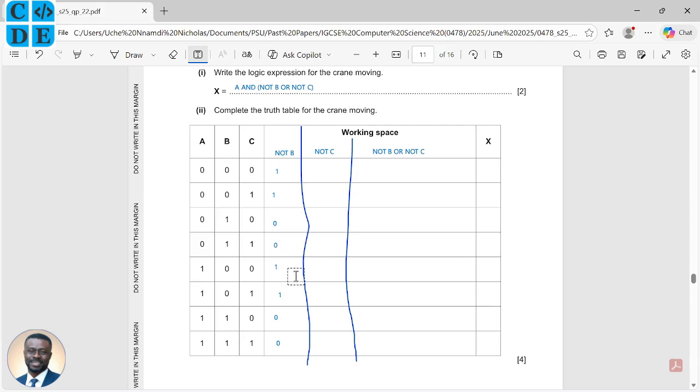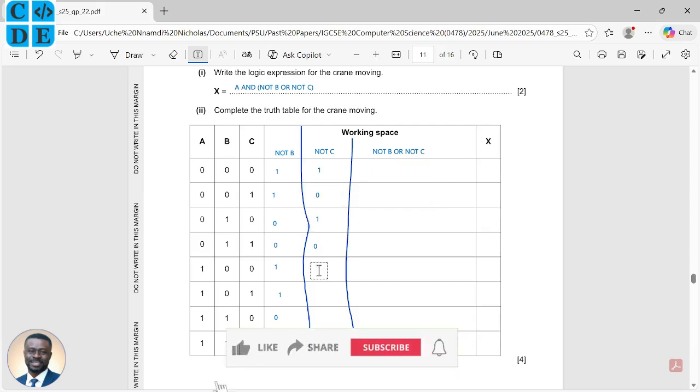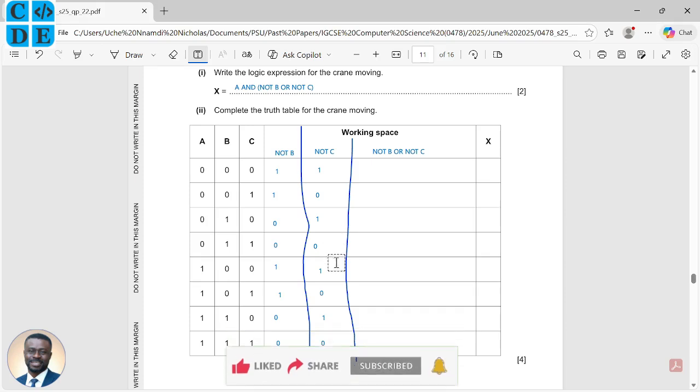It's very important for you to double check. Let's do the same thing for C by NOT-ing all the values of C. So that's what we have now. Double check again just to be sure that everything is okay. Very important, double checking. So it looks like we're good to go.